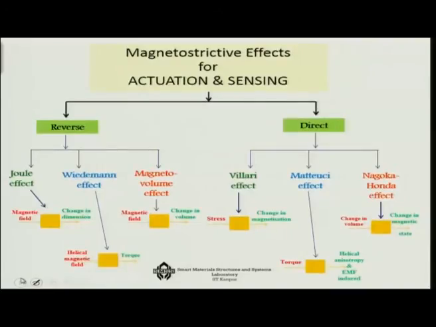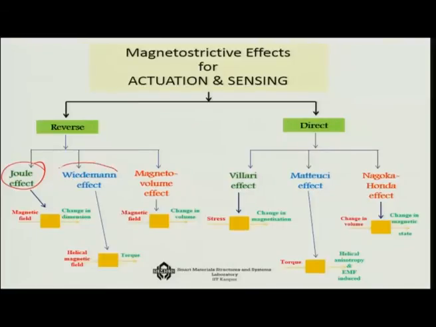Now, just like piezoelectric, we have two effects, one is the direct effect, another is the reverse effect. Something very similar is there also for the magnetostrictive materials. For example, if you look at the reverse effect, there is this Joule effect that Joule has discovered, that the magnetization is changing the length.